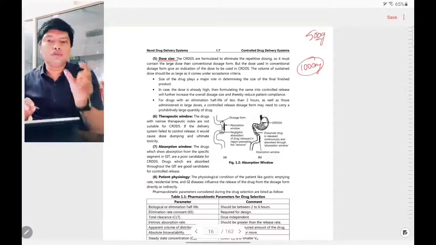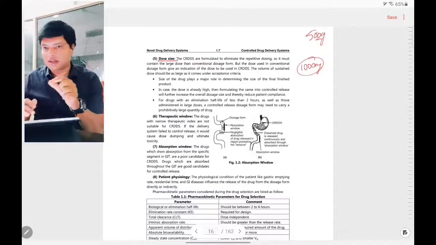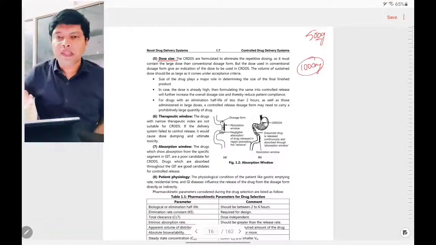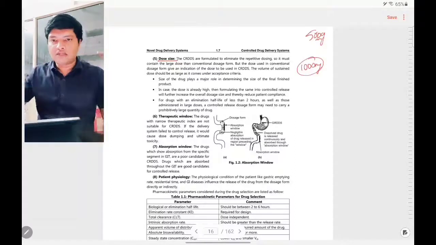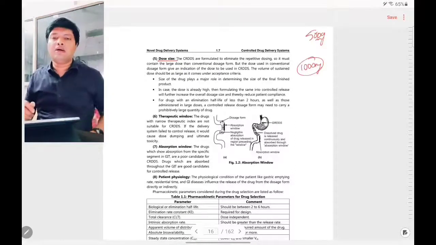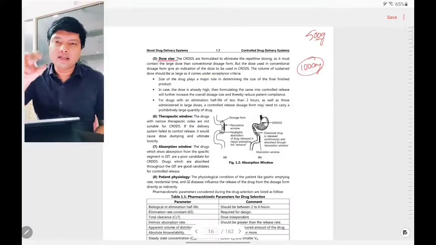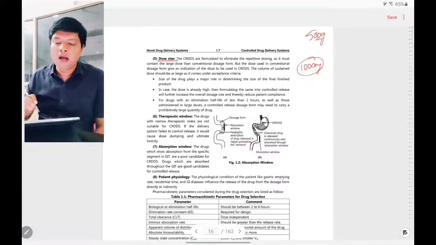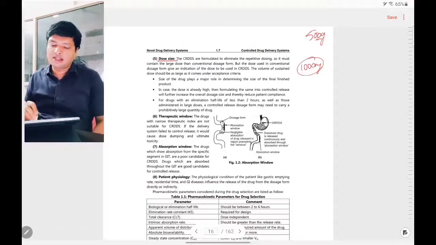We want our drug dose to be less. If the drug dose is less, the size of the tablet, or dosage form, will be smaller. Otherwise, the size will be hugely influenced by your dose. So drugs which have a low dose are the good candidates for designing a controlled drug delivery system.